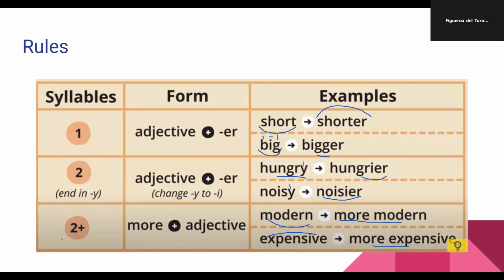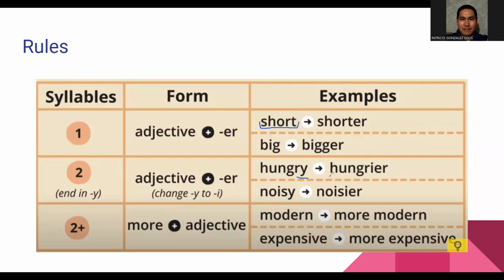One syllable, bueno, las cosas de una sílaba se le agrega R, mientras, por ejemplo, si termina en consonante y luego empieza la Y, se elimina la Y y se agrega IE. Right, Maria Esme. Very good.